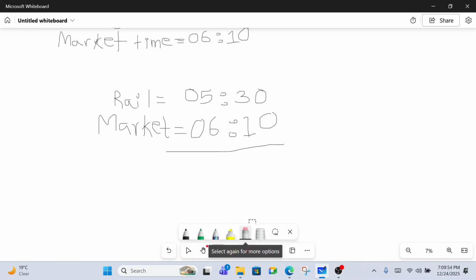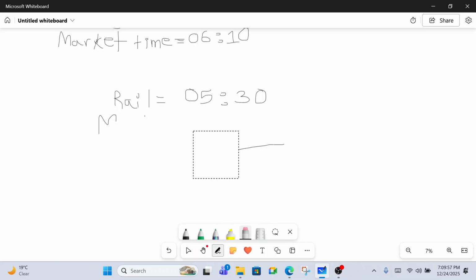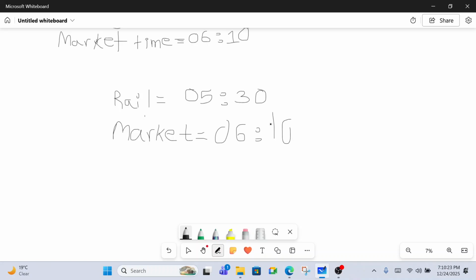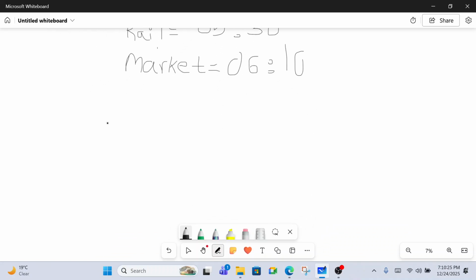Wait, actually my bad, it shouldn't be like this. It's going to be just market, nothing to subtract yet. 06:10. So now what are we going to do? It's going to be rail minus market.